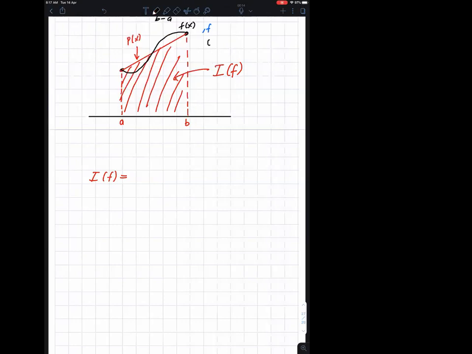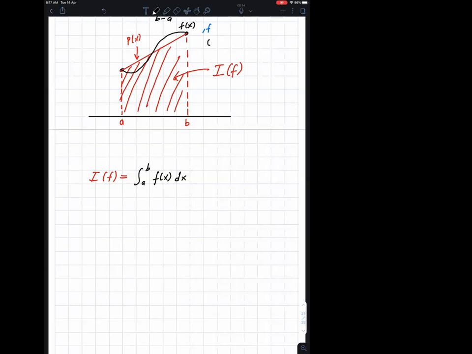If you want to find the area under p(x), which is like approximating the area under the actual curve, you can approximate the area under the actual curve using I as a function of f.